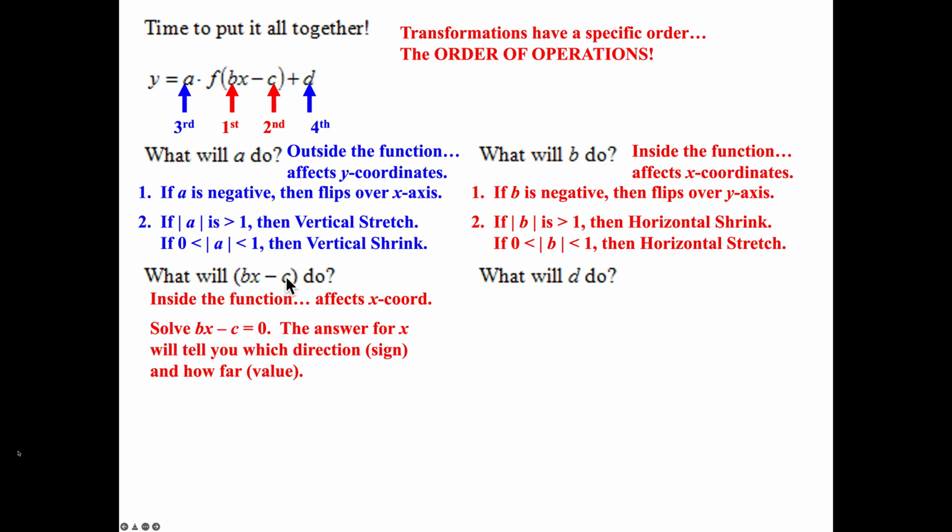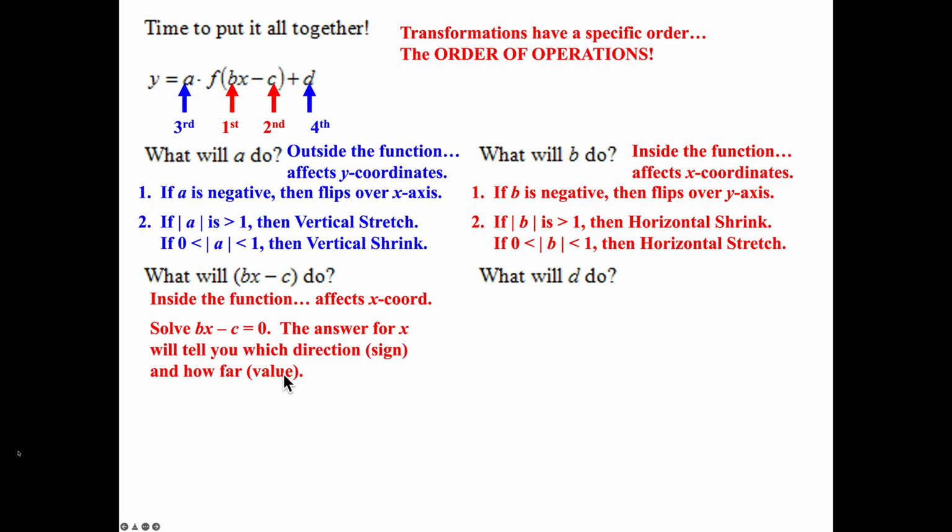So the smartest thing, the goof proof, never make a mistake, always works 100% of the time. Whatever is inside the function, set it equal to 0, solve it for x, add over the c, divide over the b. That answer will tell you which direction to go. That's your sign. And how far you need to go. That will be the value.